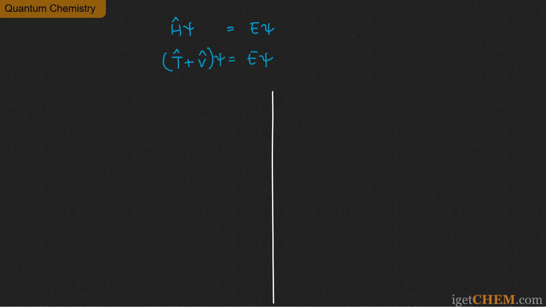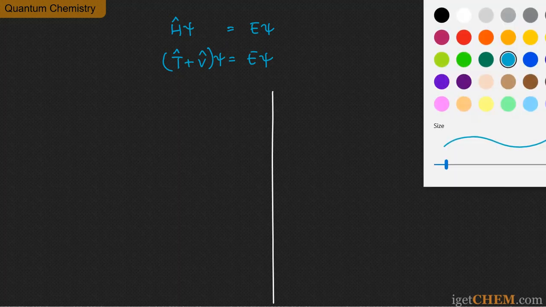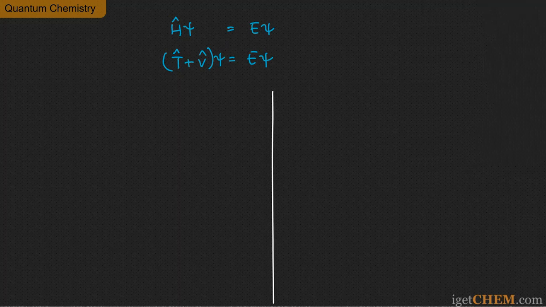So the Schrodinger equation can be also written like that. We know the translational energy operator for a one-dimensional system is p squared over 2m. And in this case, since we are talking about only one dimension, I'm just going to forget the subscript px.